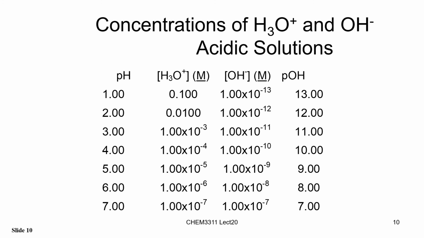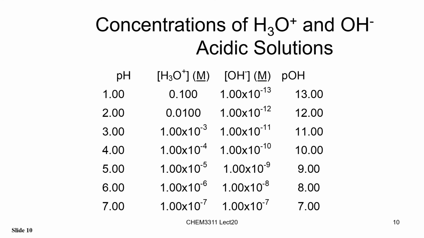And that means the pOH is 13.00. And as we step down by powers of 10 each time, the pH goes up by adding 1, because it's a logarithmic scale. It's the negative of the exponent in these ones that have 1 out front, concentrations with 1 out front.